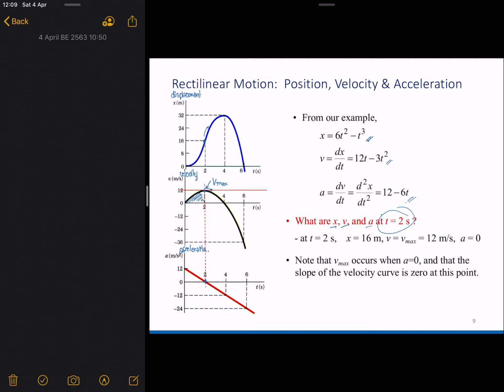Okay, then also what are the velocity, displacement, and acceleration at time equal to 4. You can just plug those in, and then you get this formula, right?